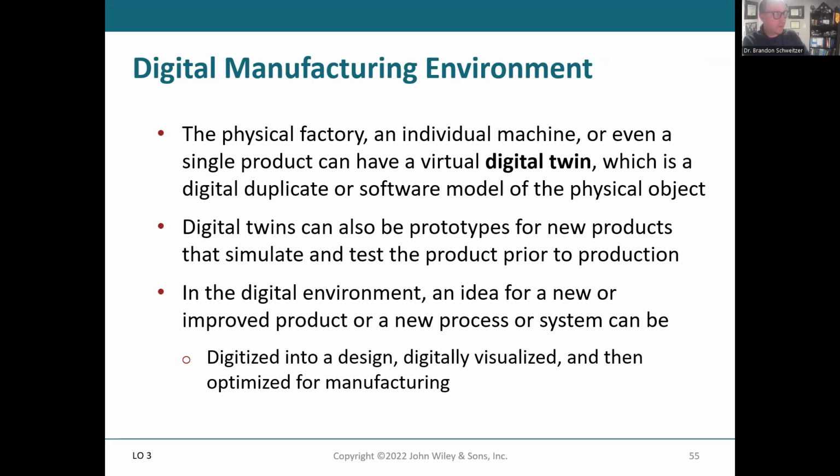Think of a physical building that is being constructed. Before it's constructed, they build a digital twin in design software. The engineers make modifications to that digital twin to see what the change would be like in real life. It's a way to simulate and test the product before it actually goes into production. It's a really, really cool process.